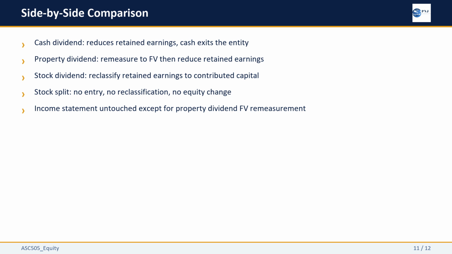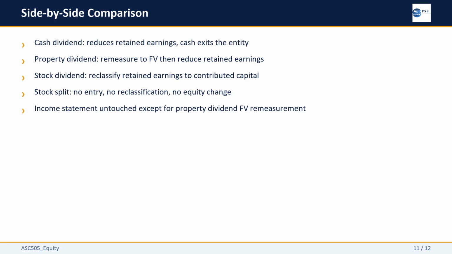Let us put all four side by side because the contrasts are instructive. Cash dividends reduce retained earnings and send cash out the door. Property dividends require fair value remeasurement first. That remeasurement touches the income statement. Then retained earnings is reduced by fair value.